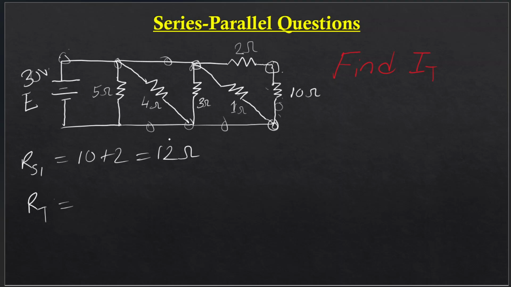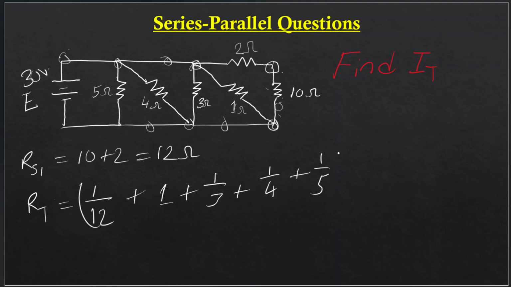Now RT is equal to, it's a parallel, right? So we can write 1 over RS1, again going from the back, plus 1 over 1. RS1 is 12 ohms, so 1 over 12, plus 1 over 1, so just 1, and then 1 over 3 plus 1 over 4 plus 1 over 5, and then we enclose it in brackets to the power minus 1.